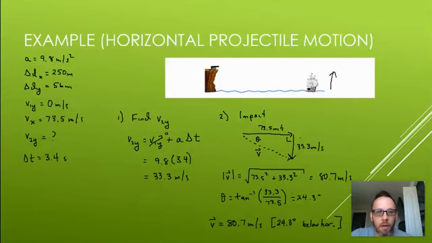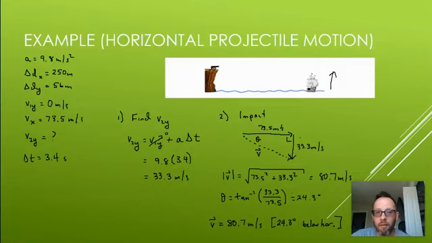Other problems may ask you to find a delta dy, may ask you to find... I think we found delta dx. We found a vx. Yeah, we've covered a lot of the bases here. So you should have a good starting point for solving a few horizontal projectile motion problems.